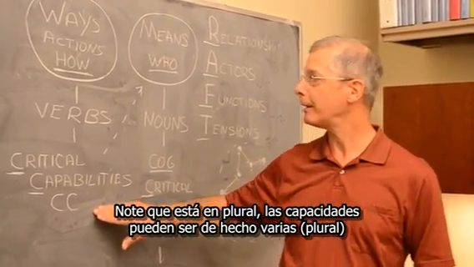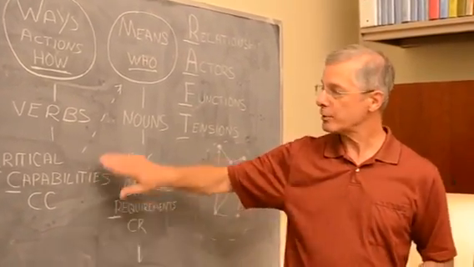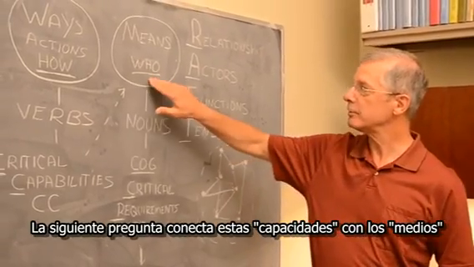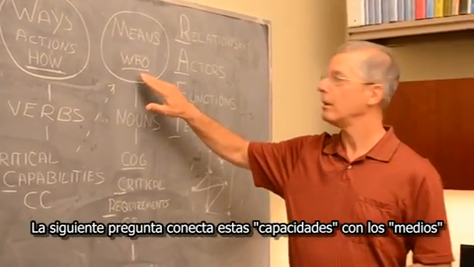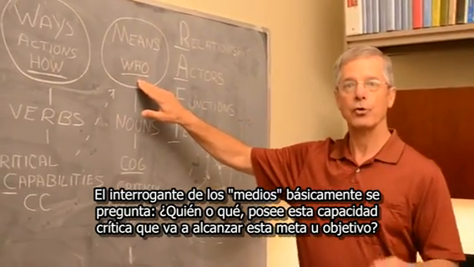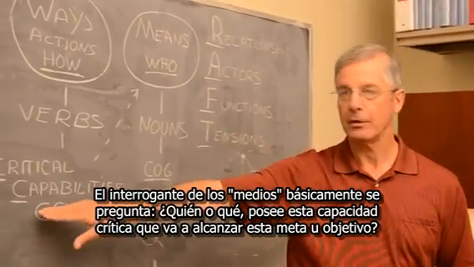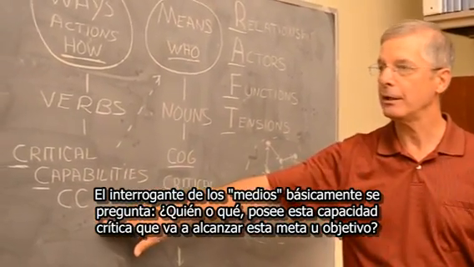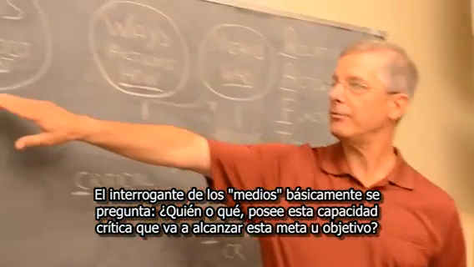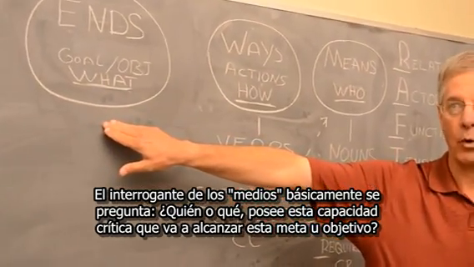Keep that in mind. The next question is, then we link these capabilities to the means. The means question basically asks who or what possesses this critical capability that will achieve this goal or objective.